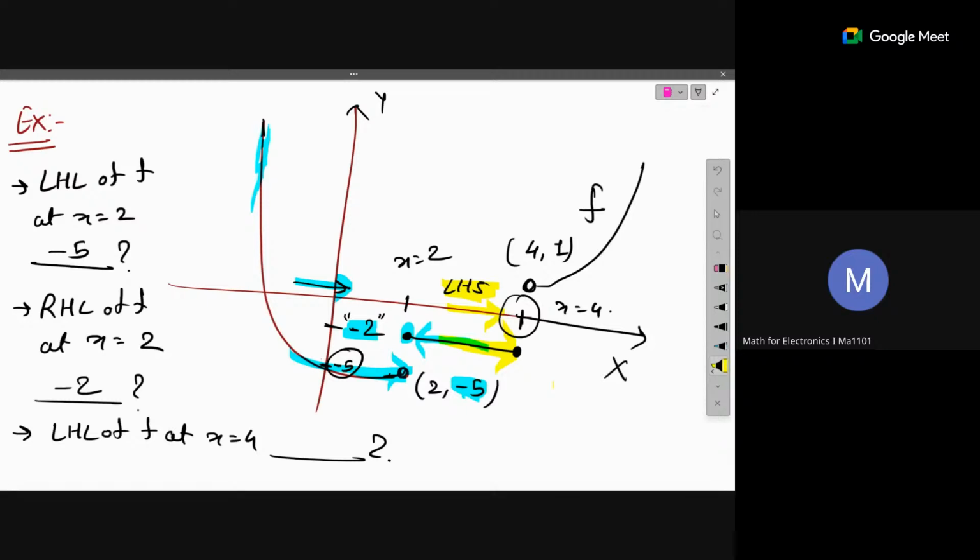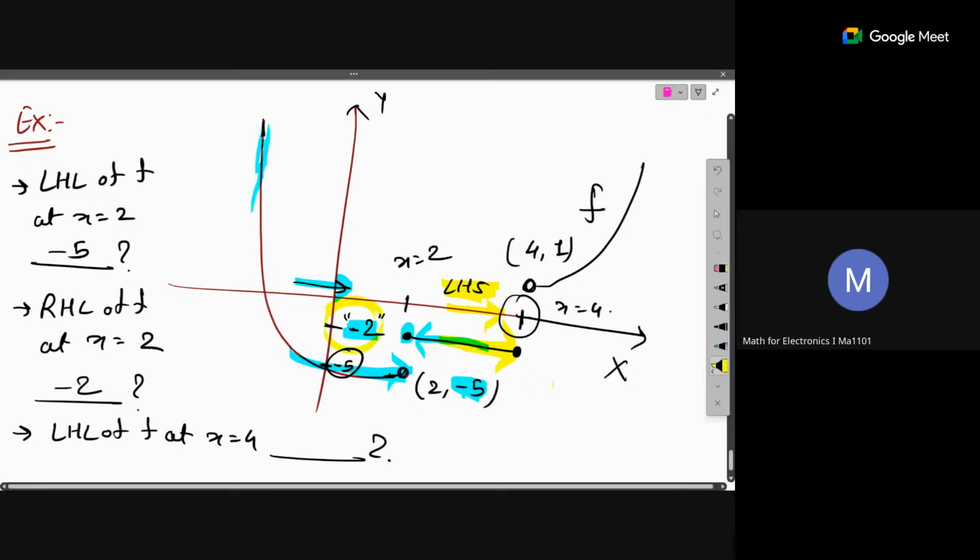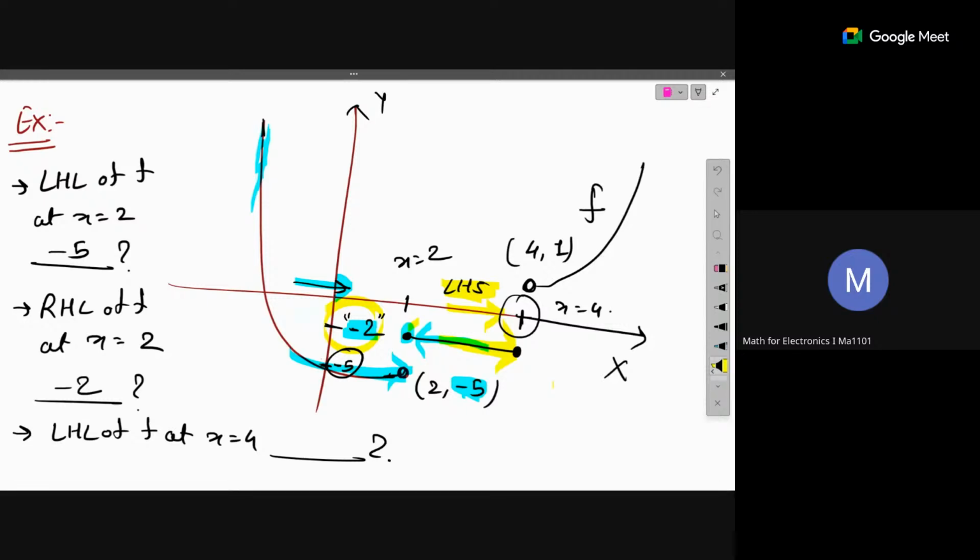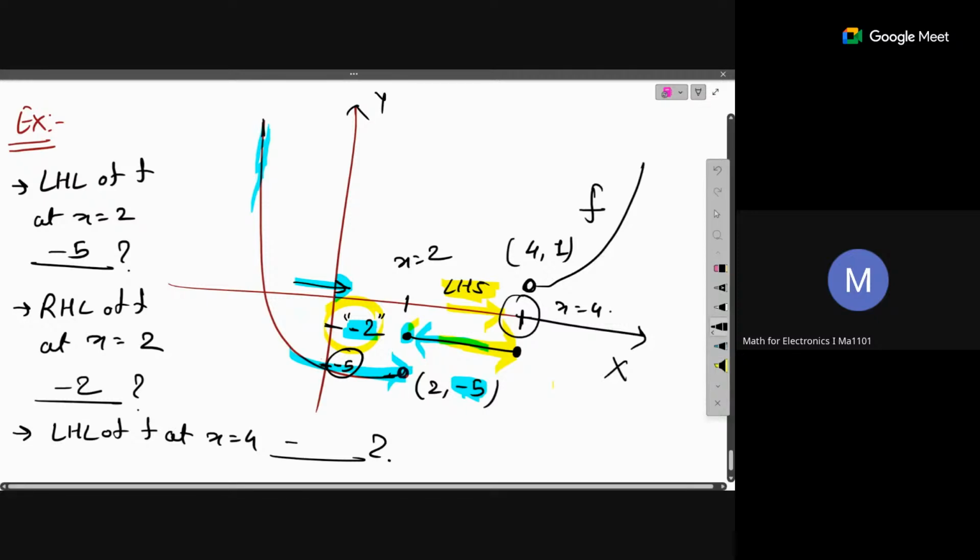So as we go closer and closer to x equals 4 from the left hand side, the value of the function will get closer and closer to -2, not 1, right? Because 1 is approached from the right hand side, not from the left hand side. So the left hand limit at x equals 4 is nothing but -2.